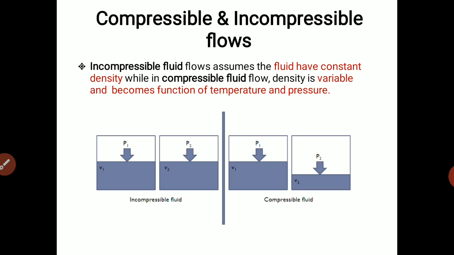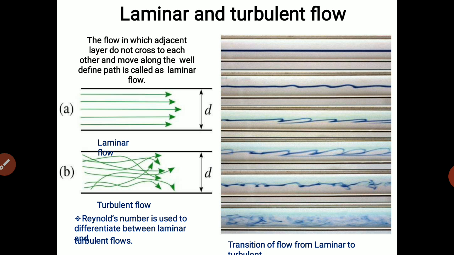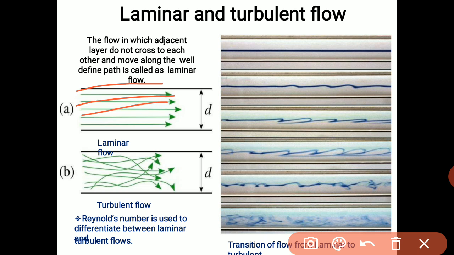Okay, and what is next? It is laminar and turbulent flow, which is very important. So laminar flow, just see this diagram. Okay, the nature of flow. It is moving parallel. The flow path becomes very straight.